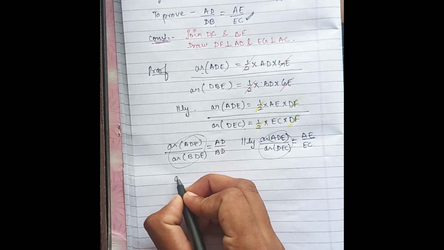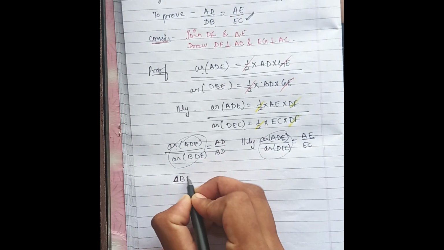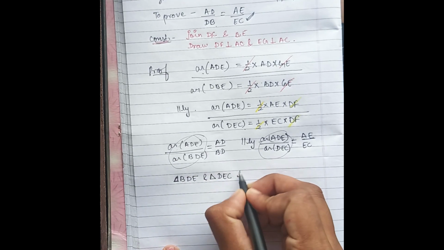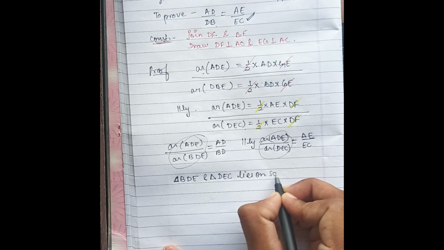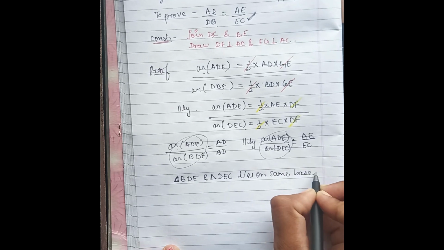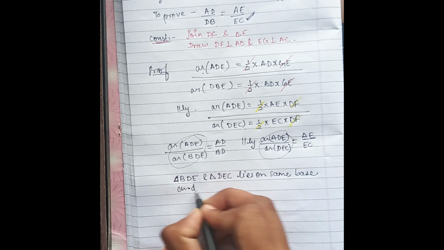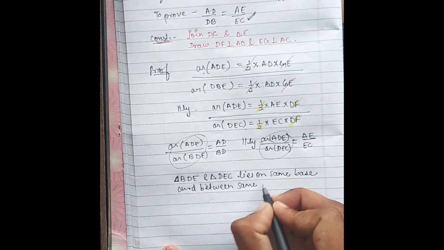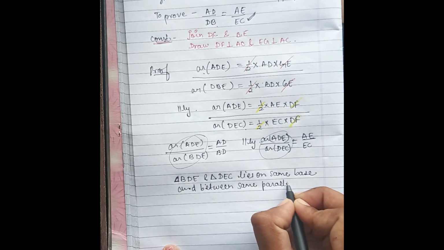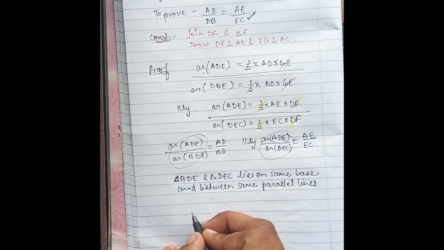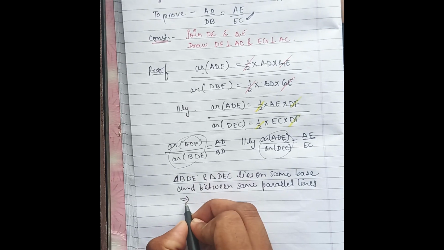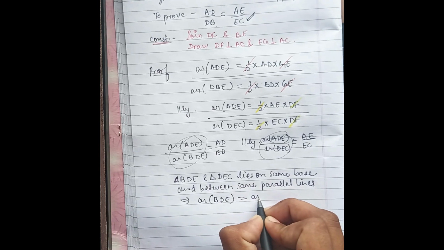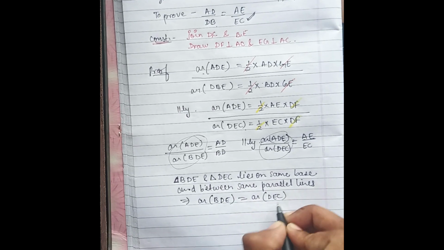What we have, that triangle BDE and triangle DEC lie on the same base and between the same parallel lines. It implies area of triangle BDE is equal to area DEC.